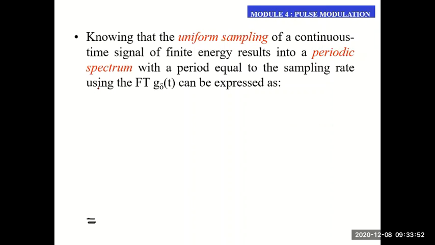Knowing that the uniform sampling of a continuous time signal of finite energy results in a periodic spectrum with period equal to the sampling rate, we have already derived the Fourier transform of g delta of t.